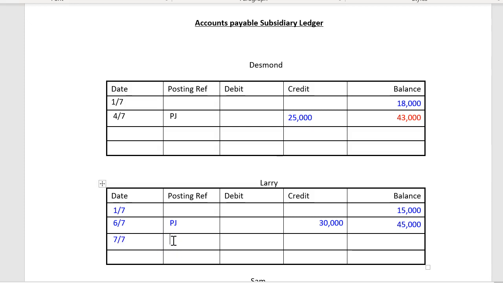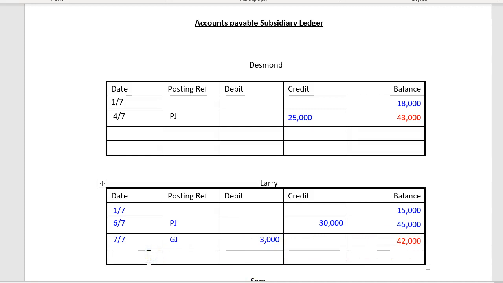All purchase returns are recorded in the general journal. You write GJ, and that is $3,000. That makes the balance after the purchase return 42,000.